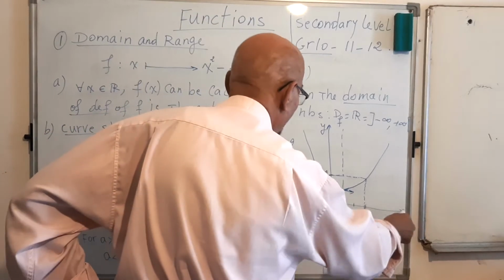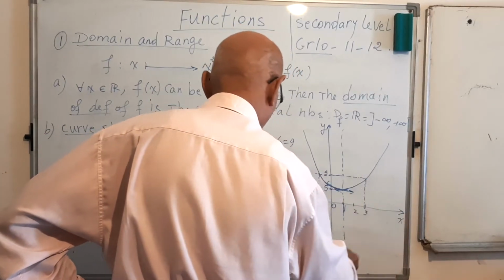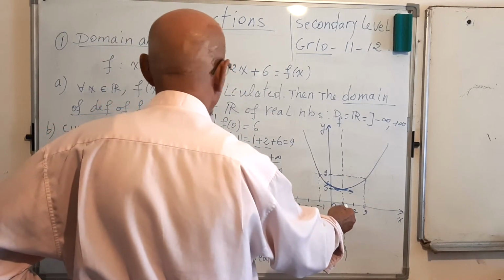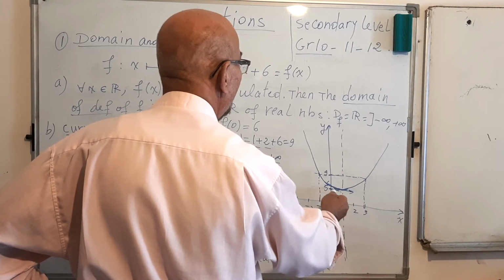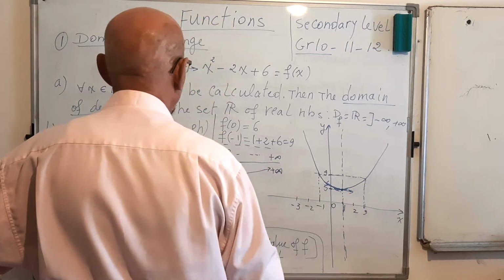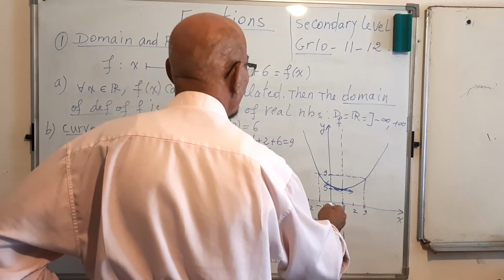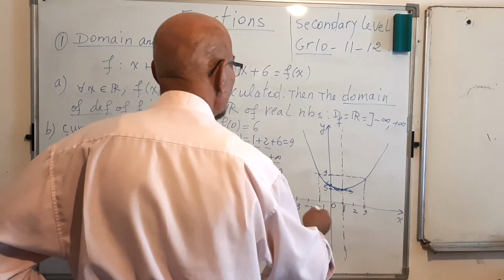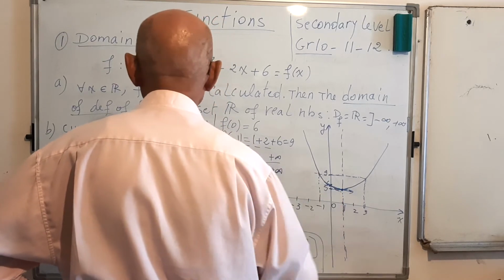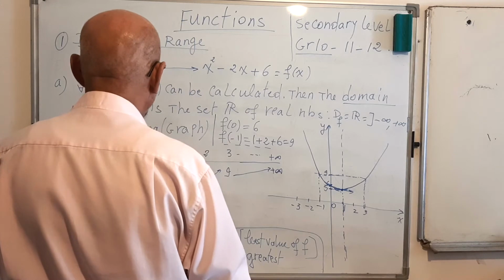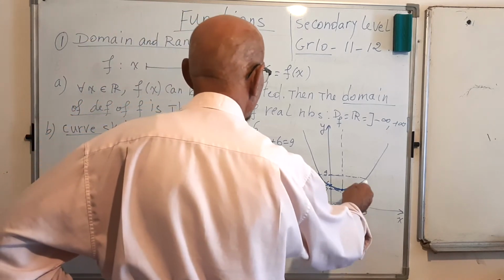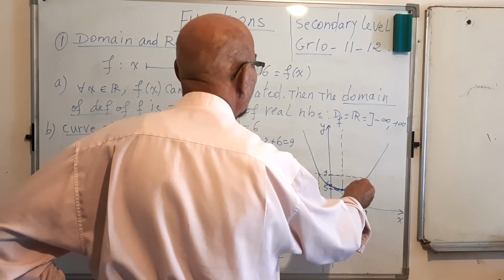In an orthonormal system x'Ox, y'Oy, for x equals 1, y equals 5. For x equals 0, y equals 6, the curve passes through the point on the y-axis. For x equals 3, for example, y equals 9.